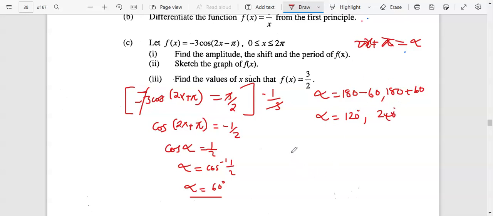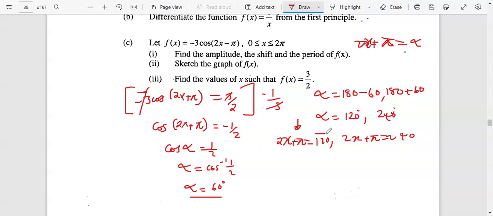Remember, what is alpha? Alpha is 2x plus pi. So it's going to be 2x plus pi equals 120, and 2x plus pi equals 240. Now here, remember, for us to have pi means that we are not working in degrees, we are working in radians.